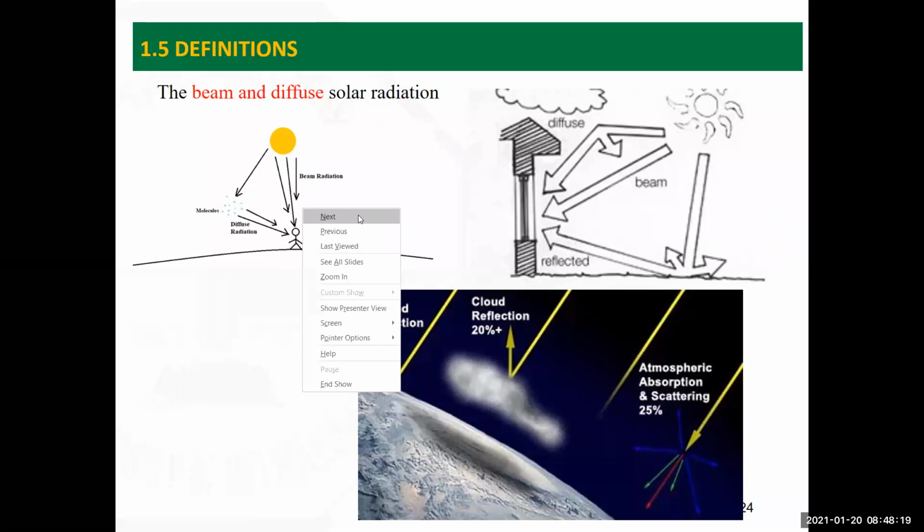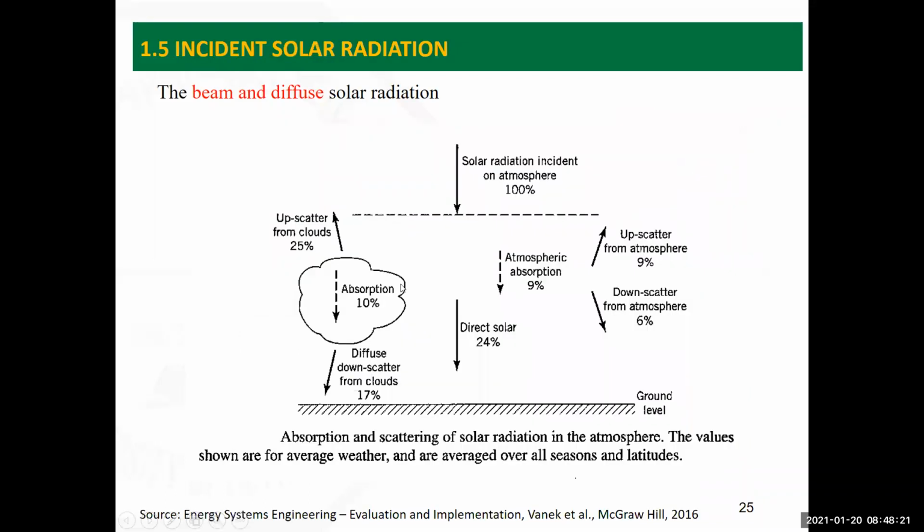I picked another figure here that gives us, in a quantitative manner, how much of the radiation can be falling directly and how much as diffuse. We have solar radiation incident on the outside layer of the atmosphere as 100%. Part of it reaching the Earth directly is roughly 24%.